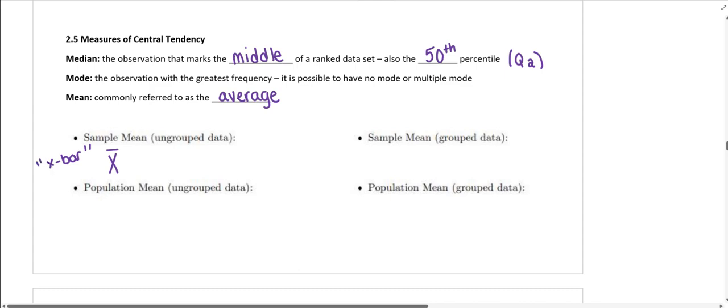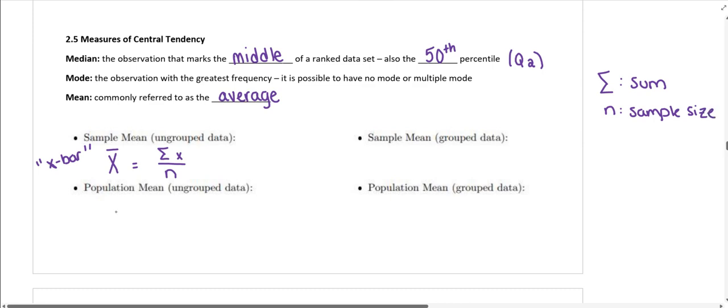And that is going to be given by taking the sum, so sigma for sum, of our X values divided by n, where n is going to be our sample size. So I'm just going to do a little key over here. That is sum, and n is sample size. Okay, and X bar is your mean.